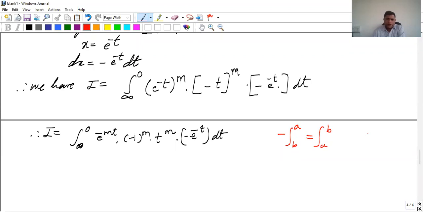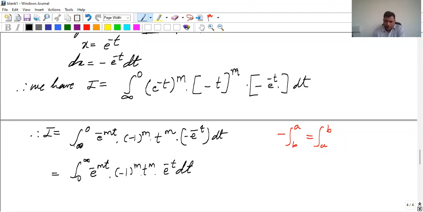Okay, so now what is your query? No, sir, I got it. Thank you. Okay. So this minus sign I will absorb and change these limits. So what we'll have here is 0 to infinity e raised to minus mt, minus 1 raised to m, t raised to m, and e raised to minus t. So is that okay?